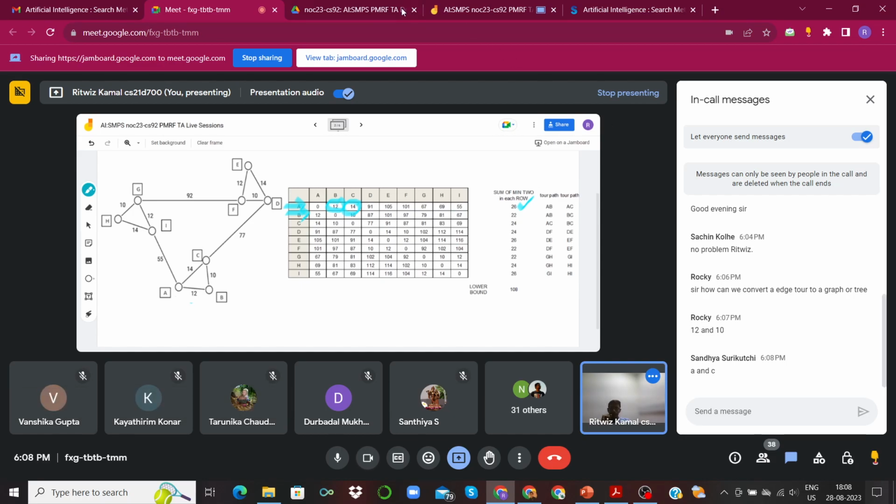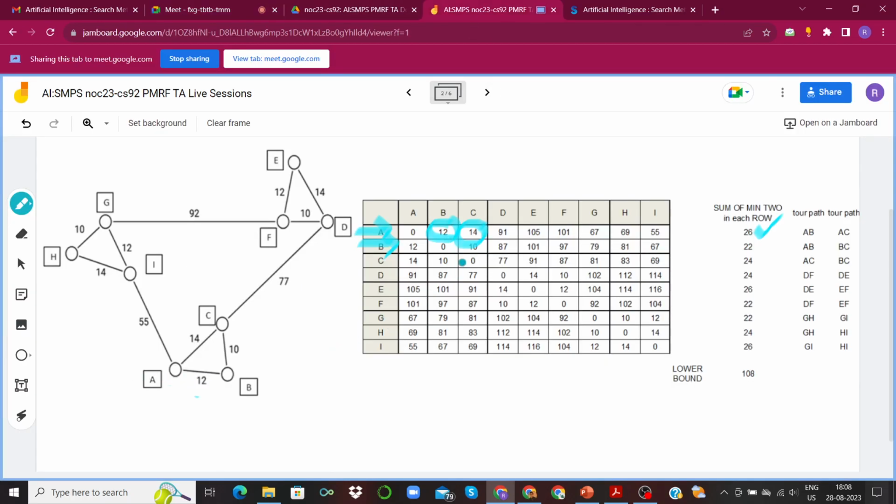That's right. So we will consider 12 and 10. And if we sum these two up, we will get 22, which is the second part of our solution. And we'll repeat this for all the rows, which basically means for all the nodes, and we'll have this particular set of values.